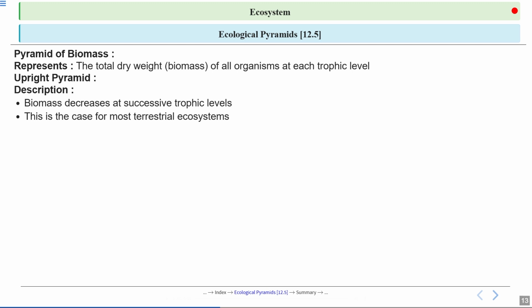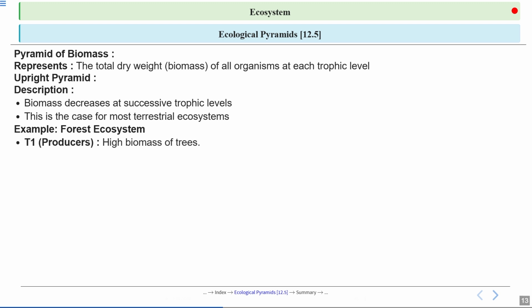Most land-based ecosystems like forest and grassland show an upright pyramid of biomass. This happens because the plants, which are the producers, are able to store a huge amount of energy from the sun. When a consumer eats a producer, much of that energy is lost as heat, so less energy is available for the next trophic level.